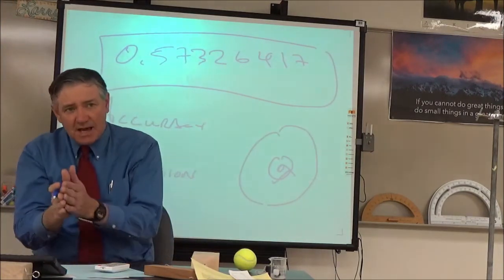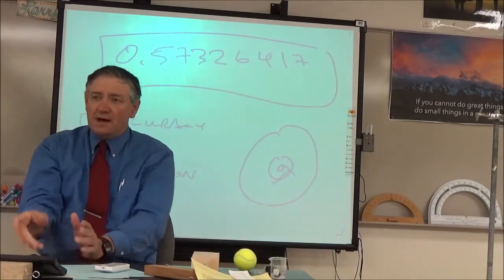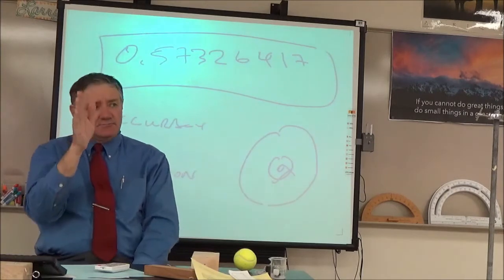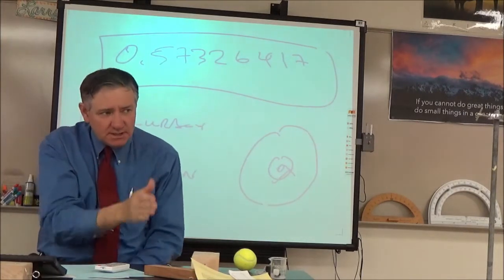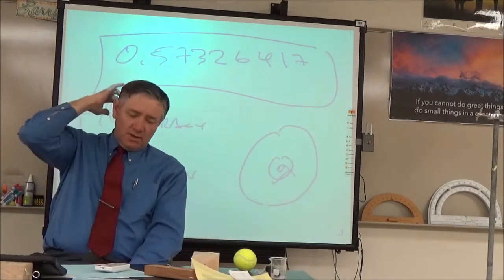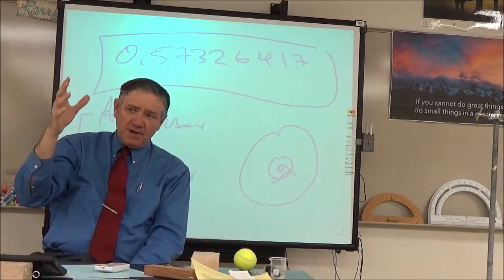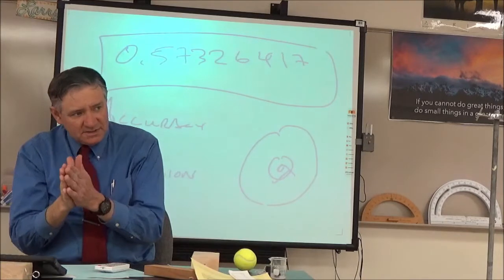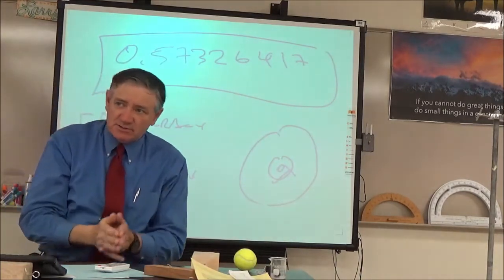If something is accurate, what that means is that there's a designated target. There is a measurement that you should get. So you can only talk about the accuracy of a measurement if you know what the scientifically accepted answer should be.